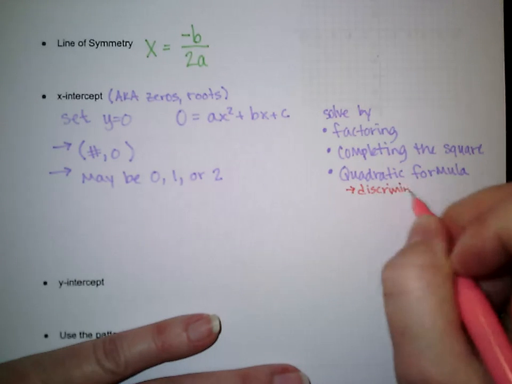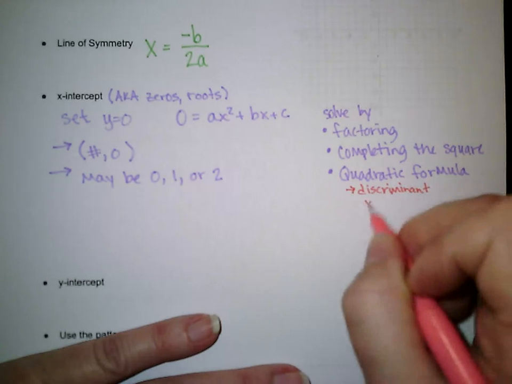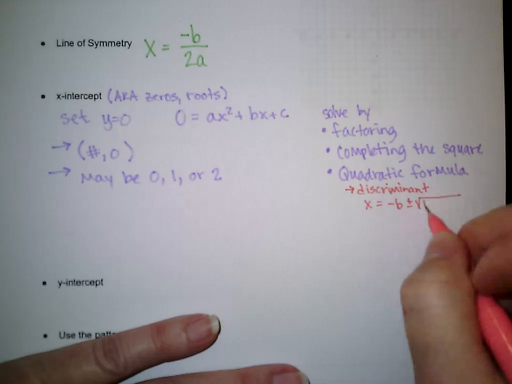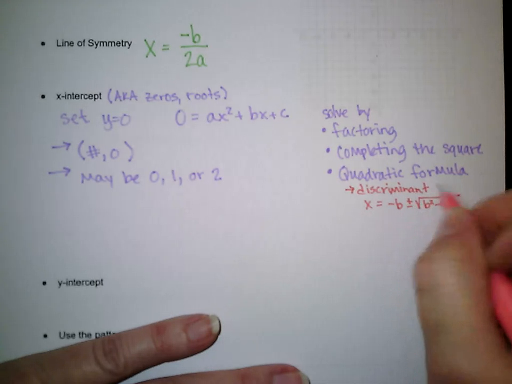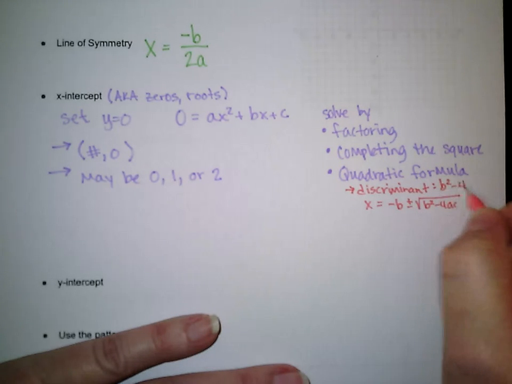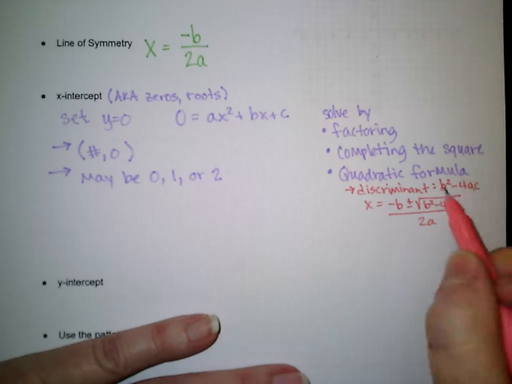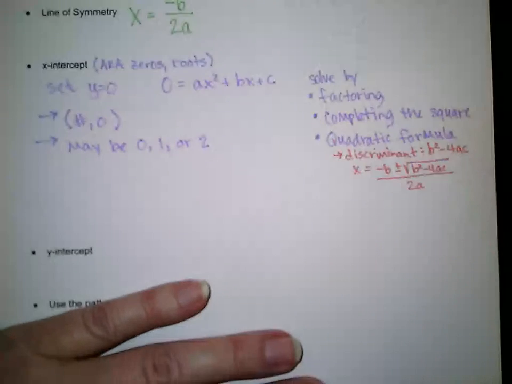The discriminant is the part that's inside the absolute value. So that's the b squared minus 4ac part. So here's our whole quadratic formula. The discriminant is the b squared minus 4ac part.